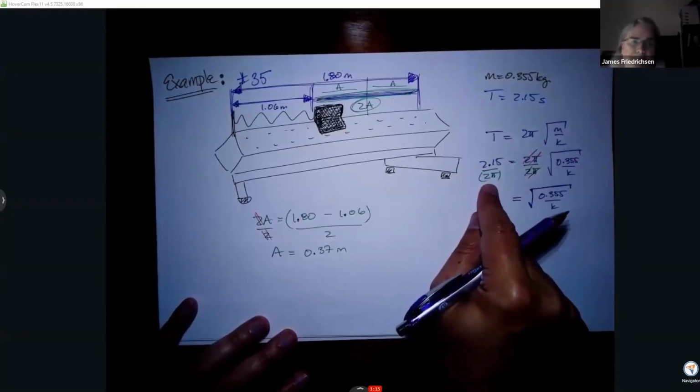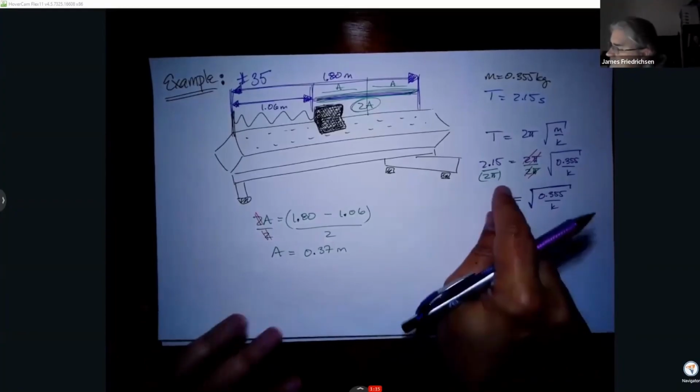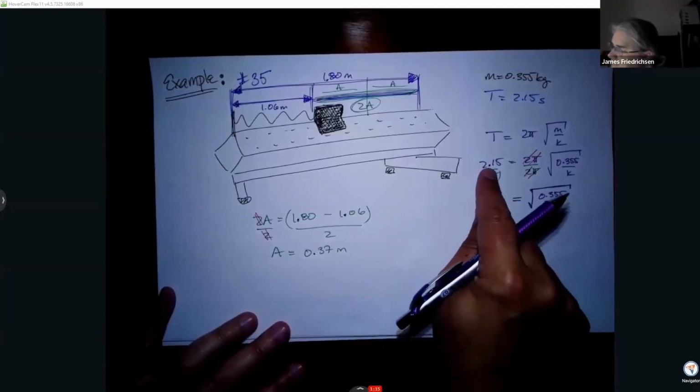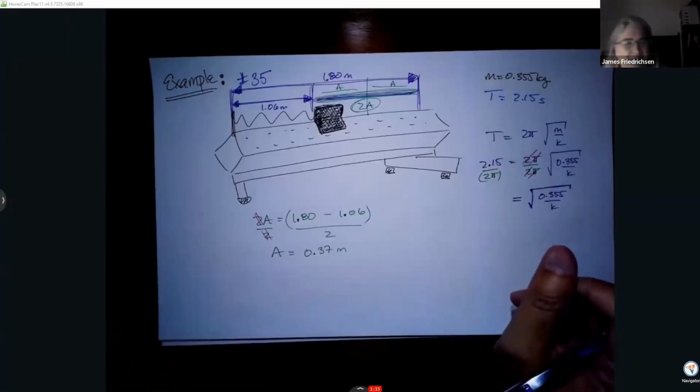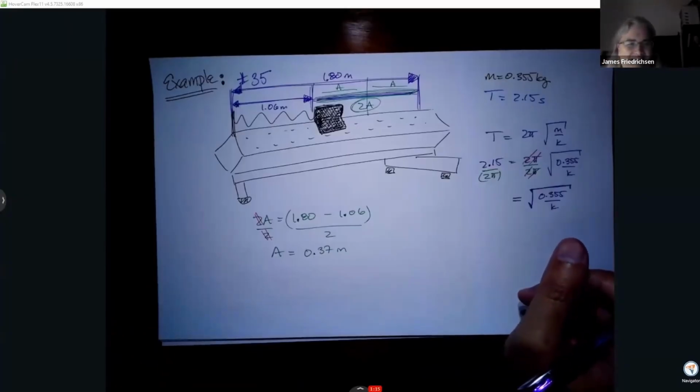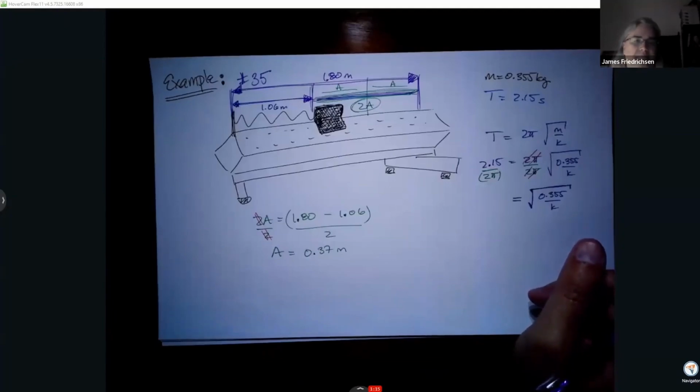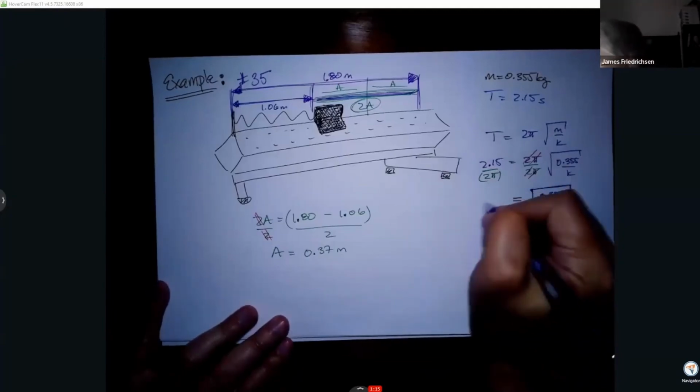It's a super easy mistake. But 2 pi is about 6, and 2.15 divided by 6 is going to be about 0.3-ish. 0.34. Thank you.